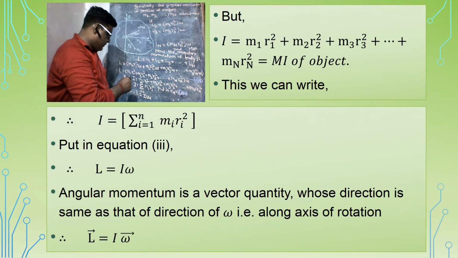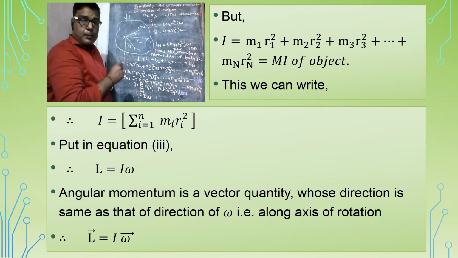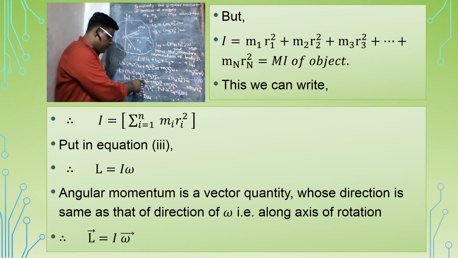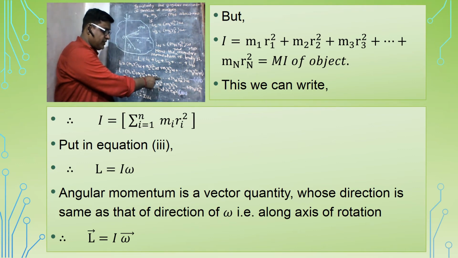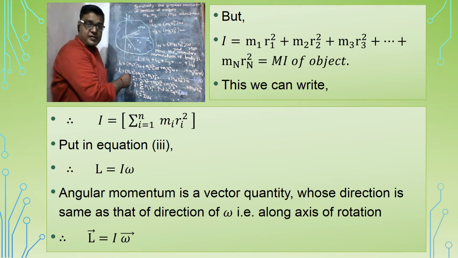But here, I means the moment of inertia of the object. I is equal to m1 r1 square plus m2 r2 square plus m3 r3 square plus up to mn rn square. Now this we can write in terms of summation.